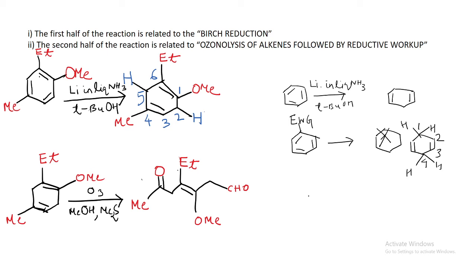Again, if we have electron donating groups, then the addition of proton takes place in the 2 and 5 positions. So addition of proton will take place in 2 and 5 position if there is an electron donating group.